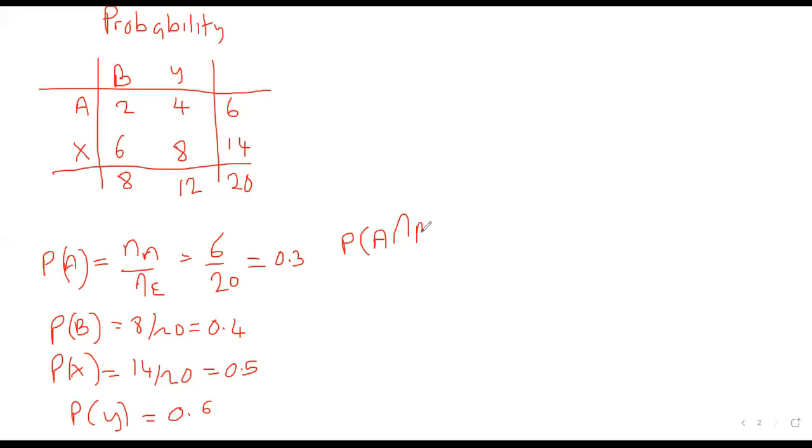So where do they meet A and B? You draw a plus on A and B. 2 over what? 20. Which is 0.1.